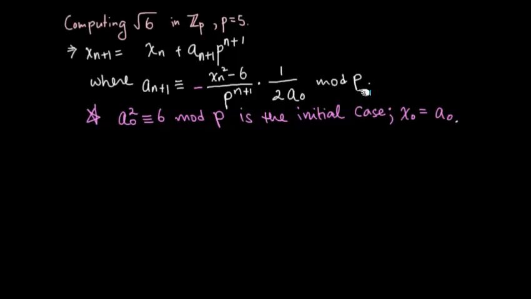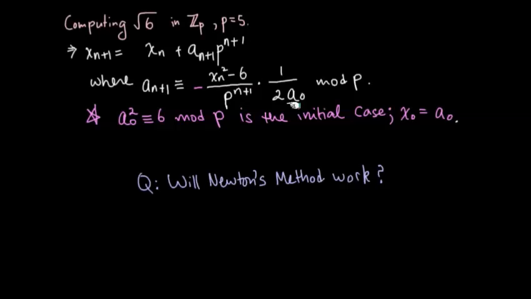I wrote it like this to trigger you to think that this looks a lot like Newton's method. Newton's method is xn plus 1 equals xn minus this number. If you replace this one with the equal symbol, it looks a lot like Newton's method. So the question is, will Newton's method work for this one?